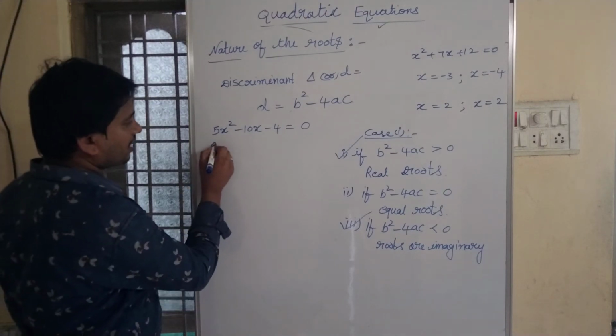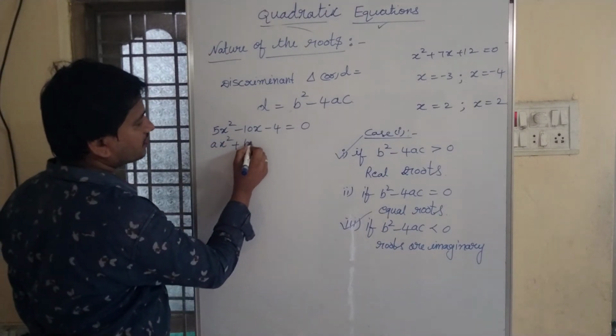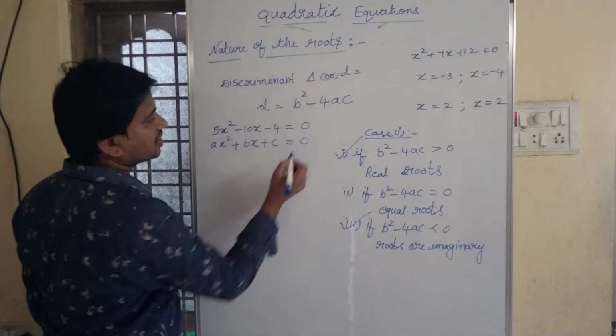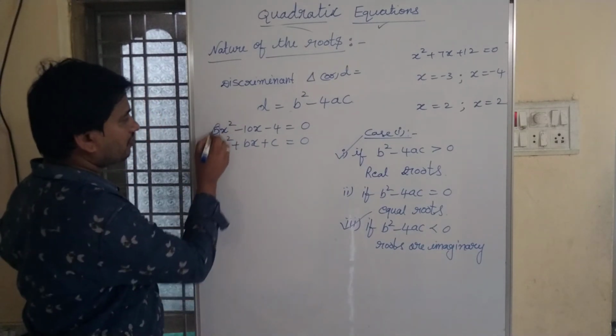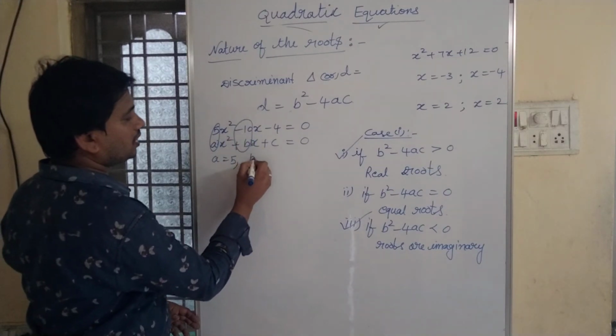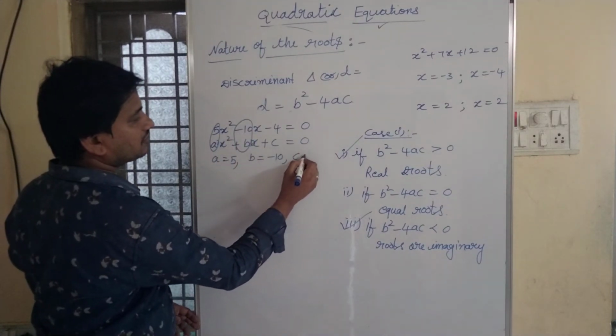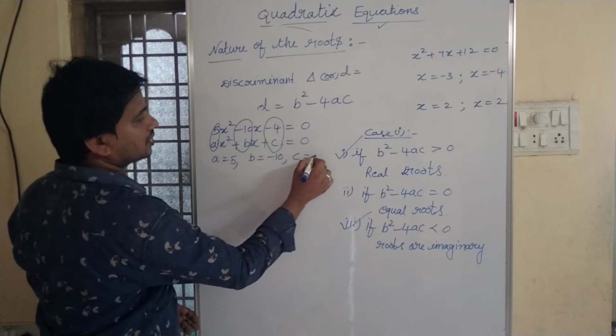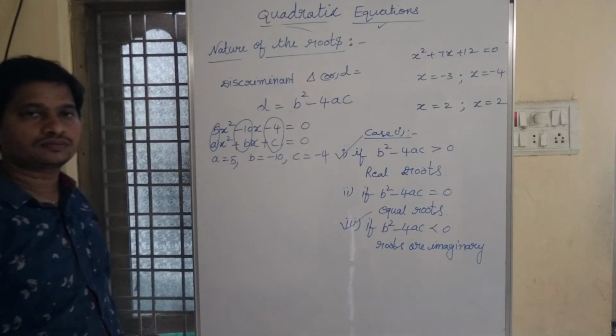Compare with the standard form of the quadratic equation, ax square plus bx plus c equal to 0. What is the value of a? a equal to 5. What is the value of b? b equal to minus 10. What is the value of c? c equal to minus 4.